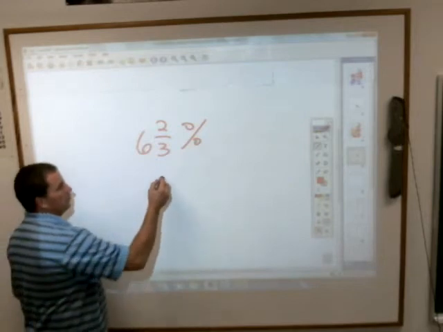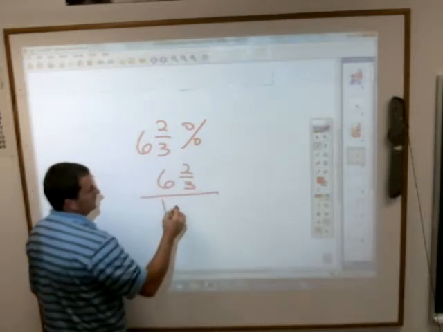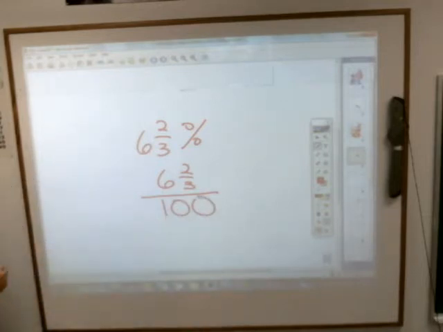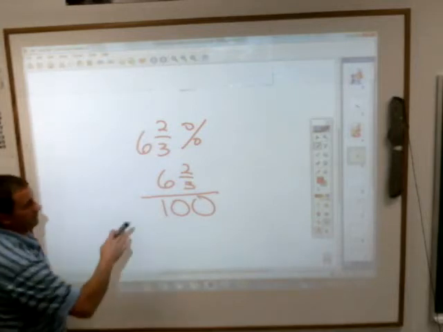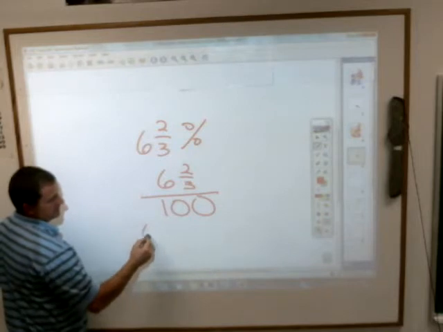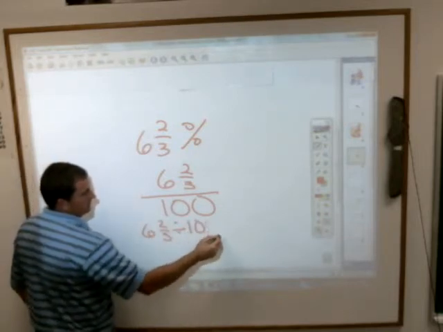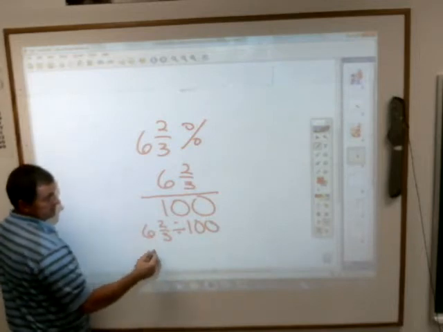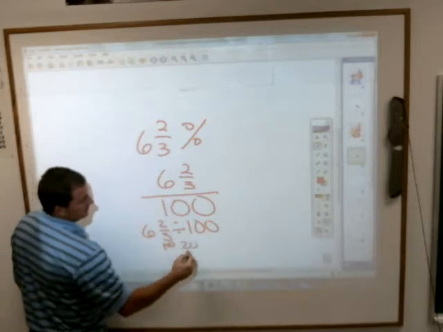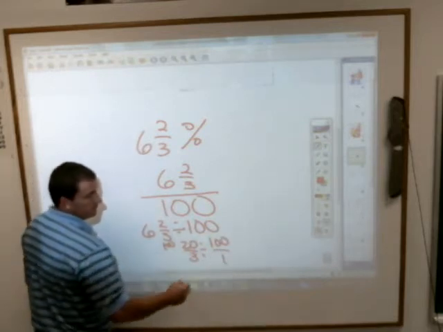So I want to know what 6 2/3 out of 100 is. It's 6 2/3 divided by 100. Make this improper: 6 times 3 plus 2 is 20 over 3, divided by 100 over 1.